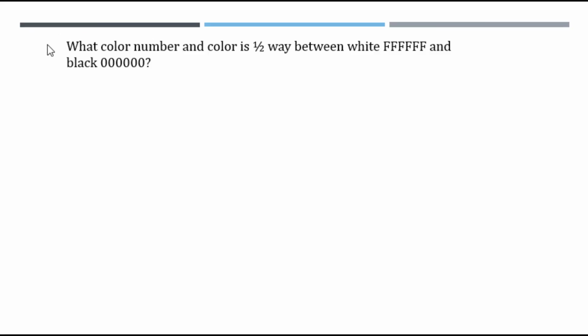So our last problem is what color is halfway between white, which is all colors on, and black, which is all colors off. So an F is 15, and FF would be 255. How do I know that?